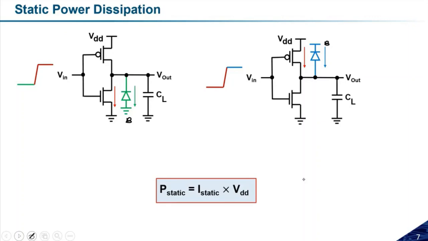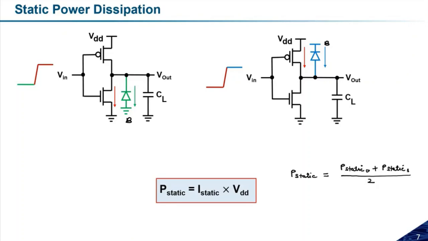So P static for any circuit is nothing but P static if the input is 0 plus P static if the input is 1, and then we just average it.